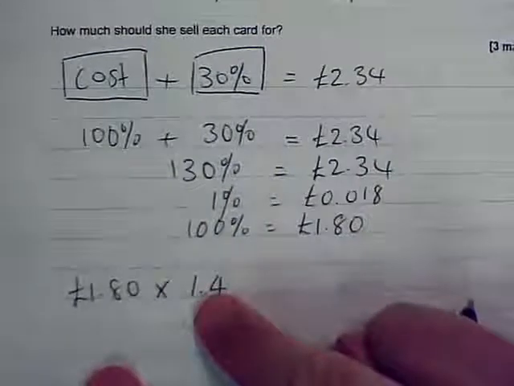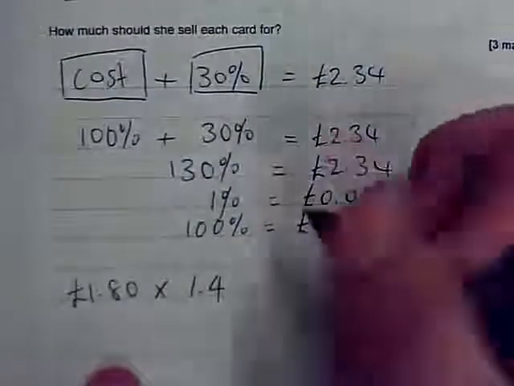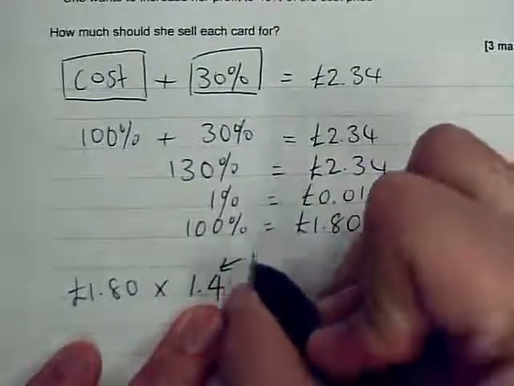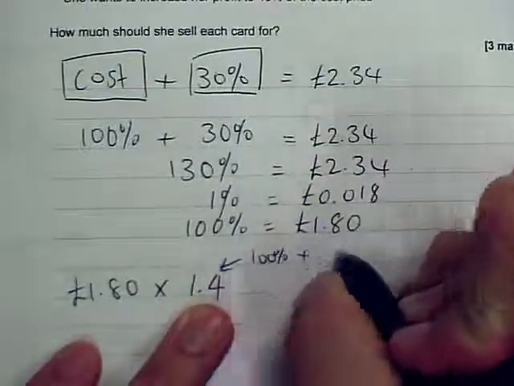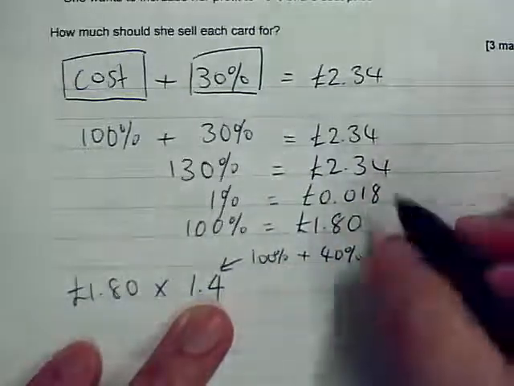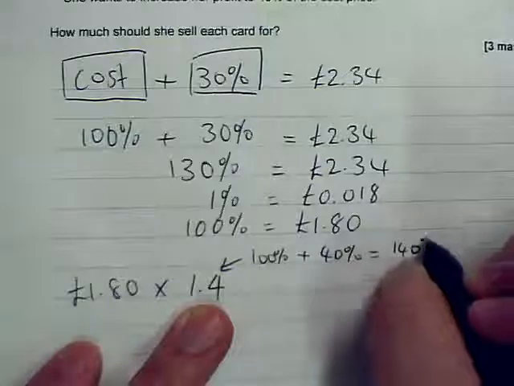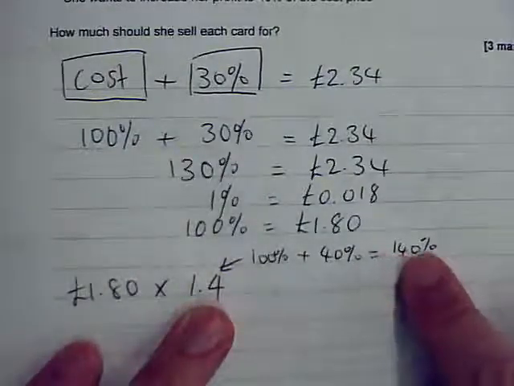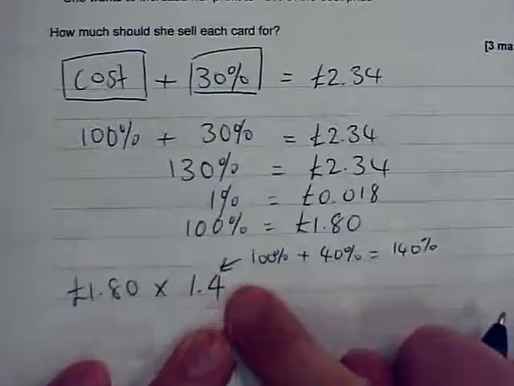The 1.4 has come from the fact that I'm increasing by 40%, so I've got 100% and I'm adding 40% to it as it's an increase, so this is 140%, and 140% as a multiplier is 140 divided by 100, which is 1.4.